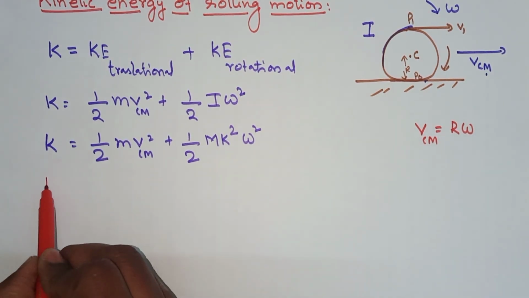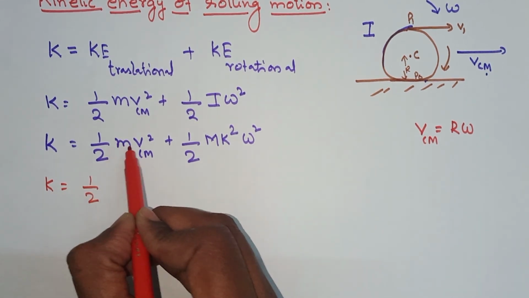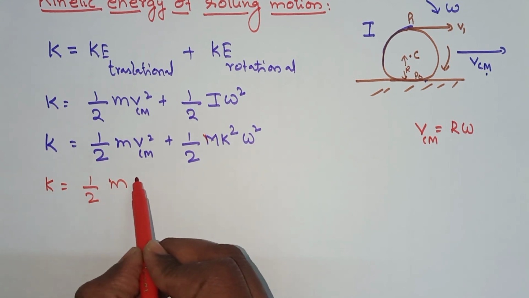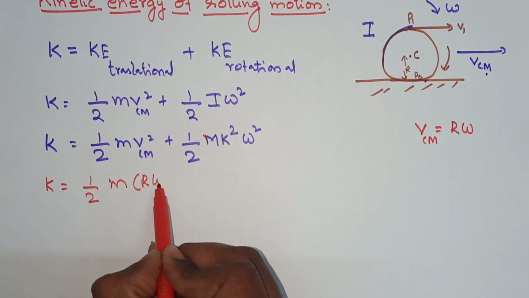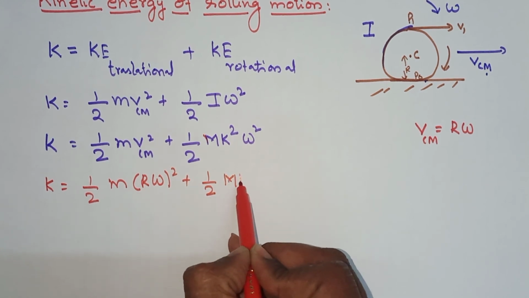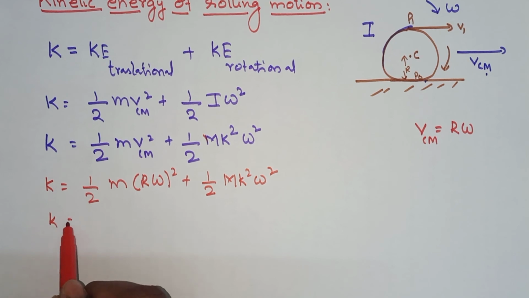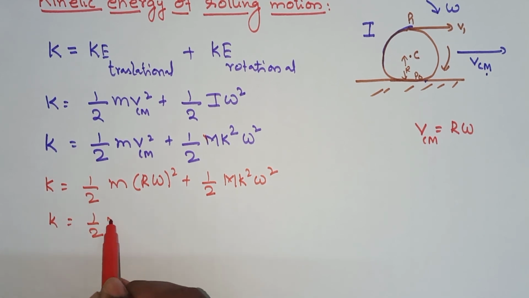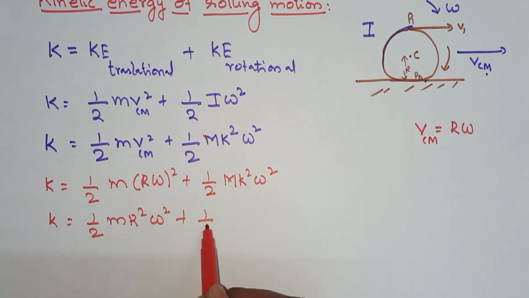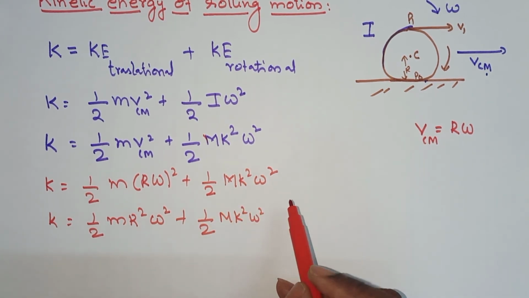So here K is equal to half into m r omega whole square plus half m k square omega square. K is equal to half into m r square omega square plus half into m k square omega square.